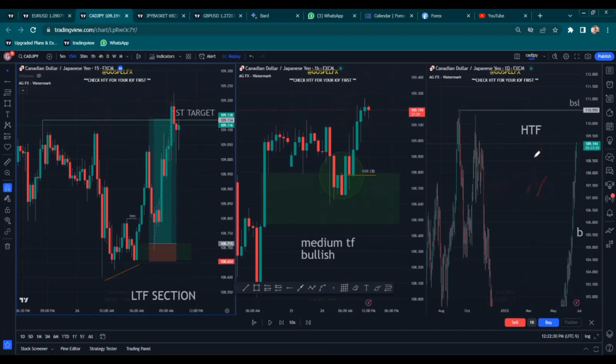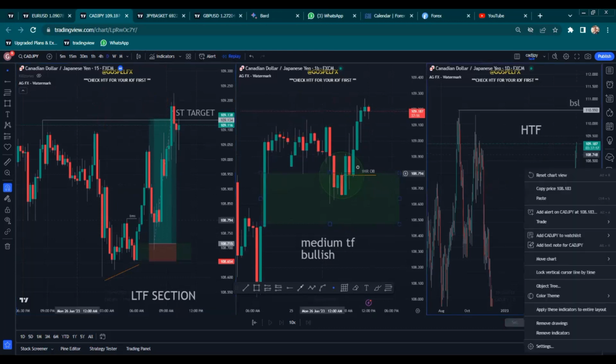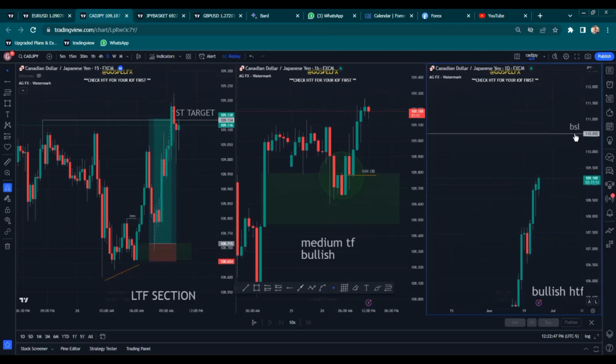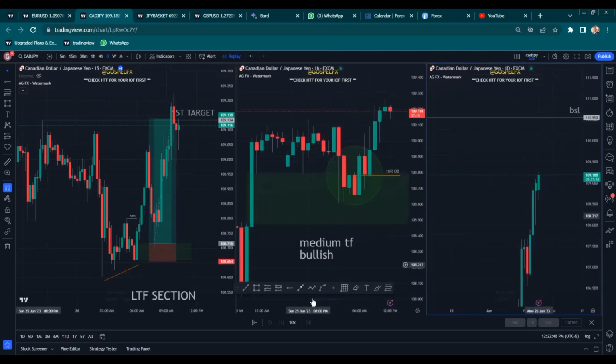But remember, I said it's good to also check the daily and the weekly, to know what is going on. Now let me give you the reason why I'm saying that. If we didn't know that the higher time frame was bullish, we could have considered what happened here to be a break of structure and a reversal.